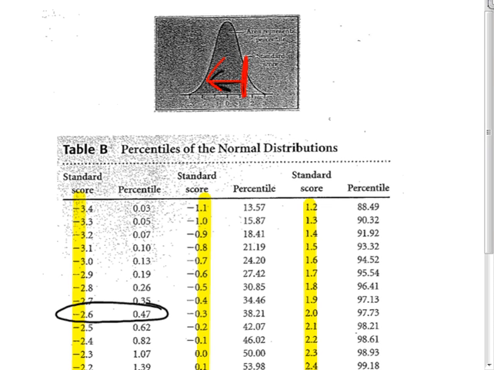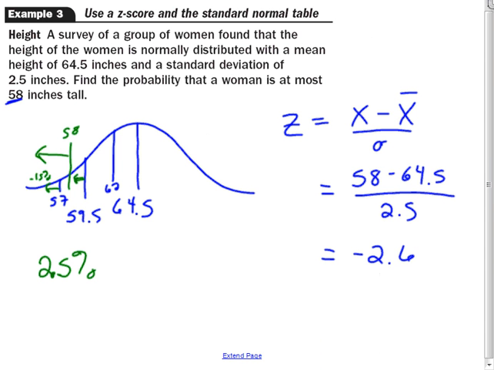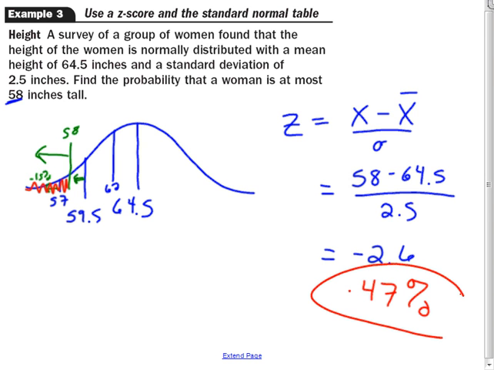So 0.47% is my answer to this problem. So from here down, my probability of falling there is 0.47%. So 0.47% of my population falls equal to or below 58 inches.